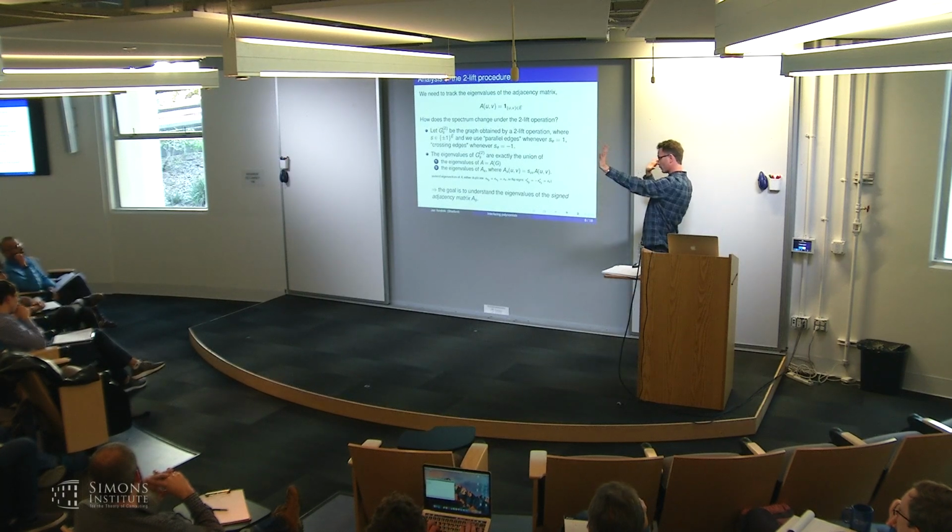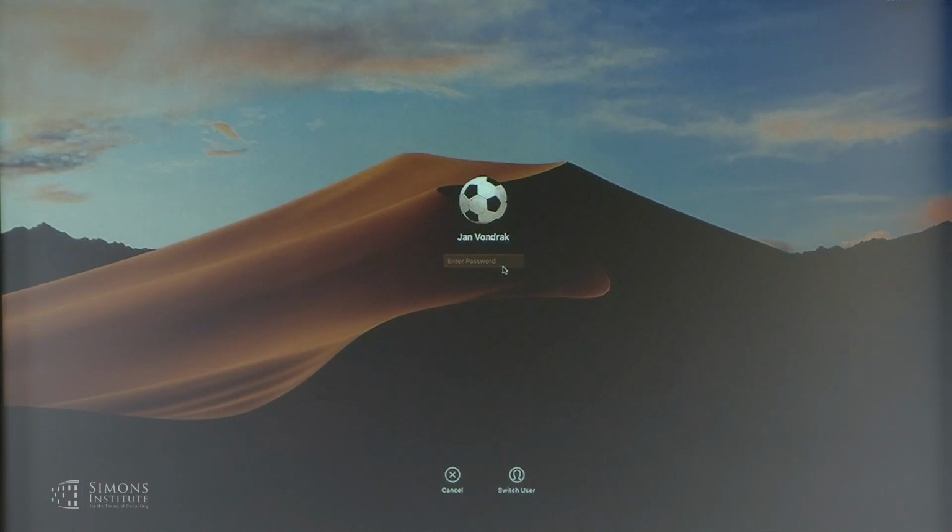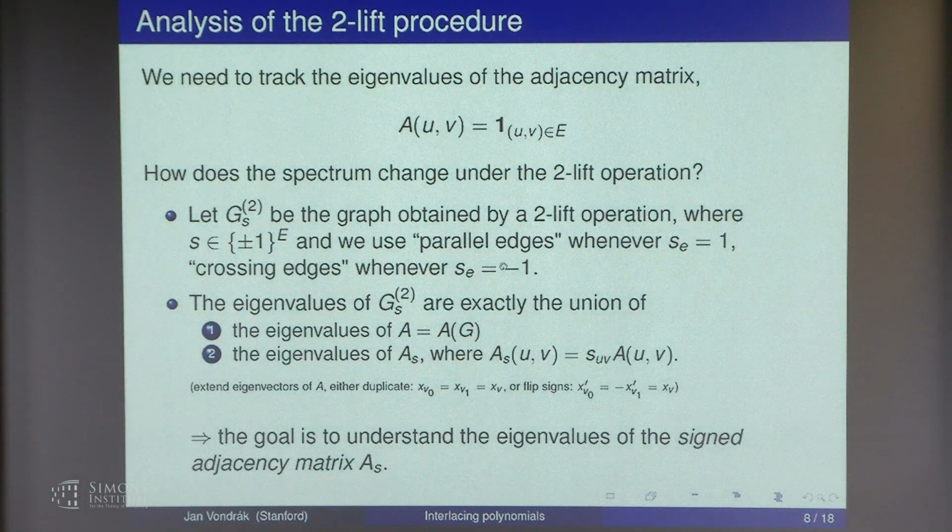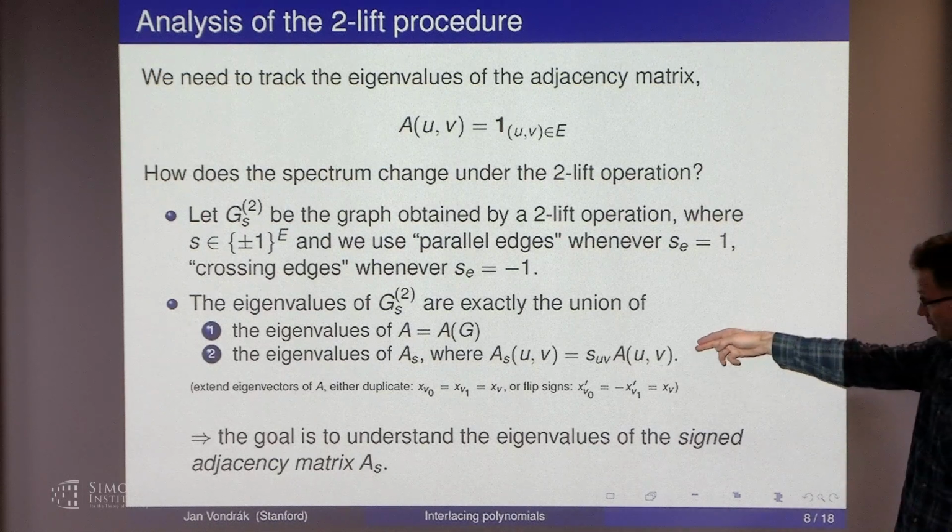So these are 2 orthogonal subspaces, and we get 2n eigenvectors and 2n eigenvalues. Sorry about that. So it boils down to analyzing the eigenvalues of this signed adjacency matrix.